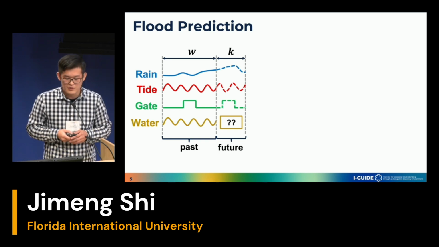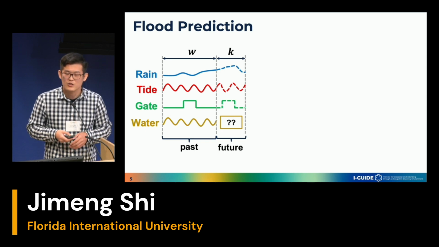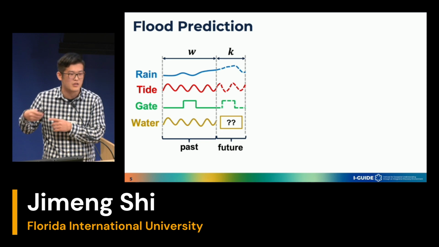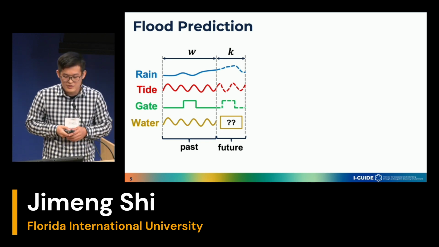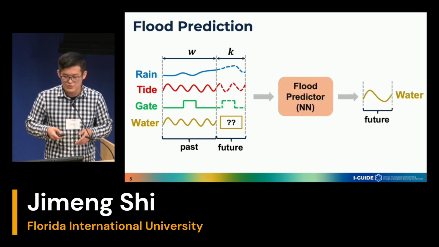The rainfall and tide information can be reliably predicted or estimated by some other models or some weather agencies. The gate schedules in the future are totally decided by humans, so we can operate whatever we want. Given all of this input, we trained a neural network to output the water level in the future.